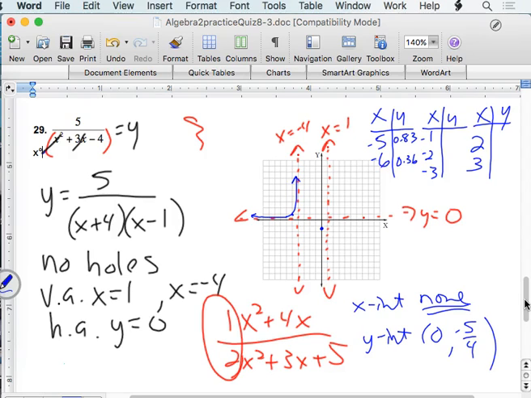Now I need those middle numbers of -1, -2, and -3. So -1 is -0.83. So is -2. And then -3 is -1.25. I already have that y-intercept of 0, -1 and a quarter there.